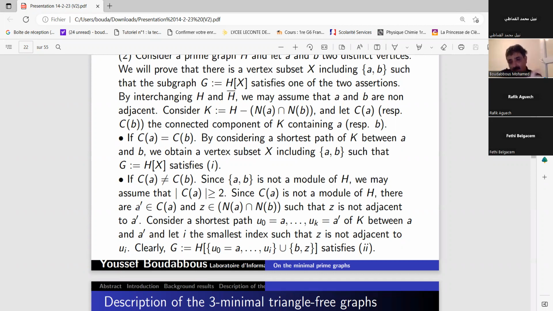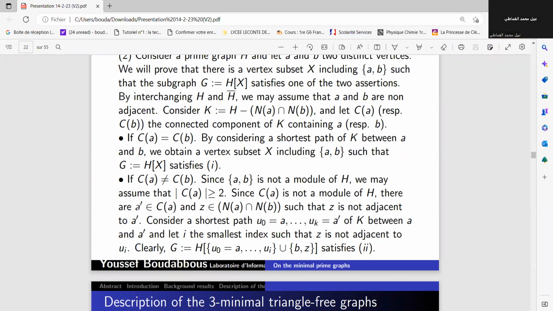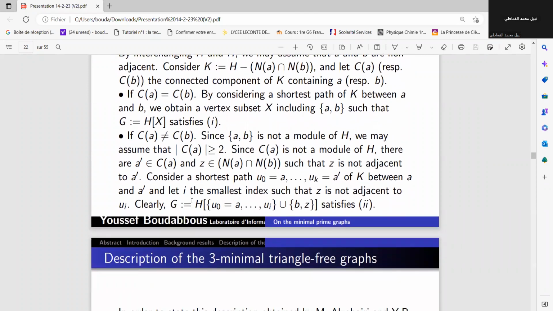By considering a path in K from A to A prime, and by considering the smallest I such that the vertex Z, which is mixed, is non-adjacent to UI, we obtain the graph Q. We obtain the subgraph satisfying the assertion. Thus, it is not very easy, but there is no difficulty.